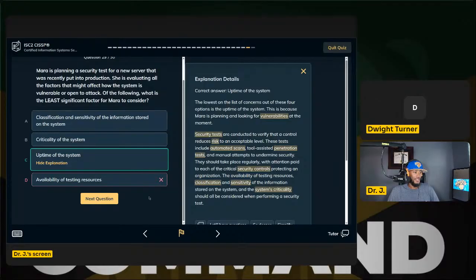All right, let me read what it says about the testing resources. Security tests are conducted to verify that a control reduces risk to an acceptable level. These tests include automated scans, tool assisted penetration tests, and manual attempts to undermine security. They should take place regularly, with attention paid to each of the critical security controls.